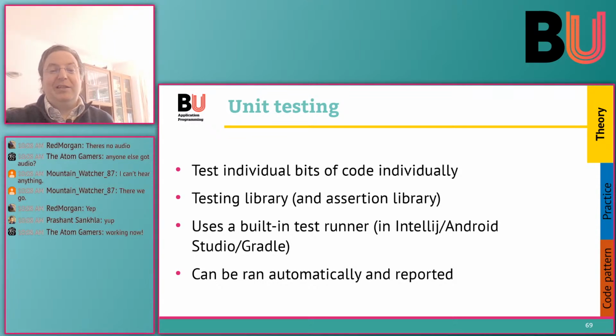It would automatically run that as part of Gradle, and it would tell you either that your code failed or passed. But if you looked at the details, if it failed, it would also tell you exactly which tests failed. And that is what unit testing does.